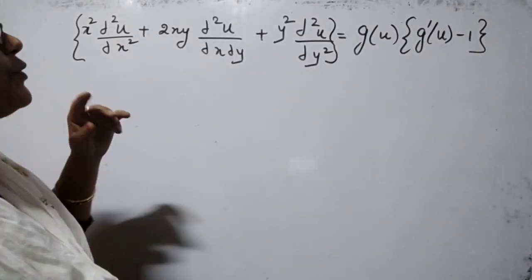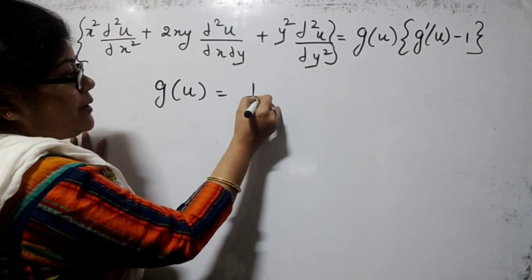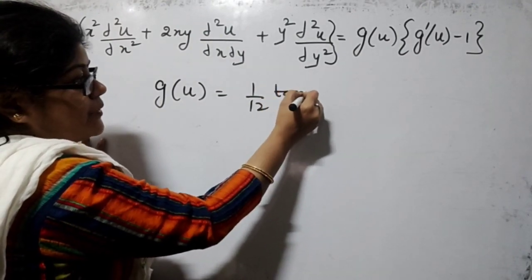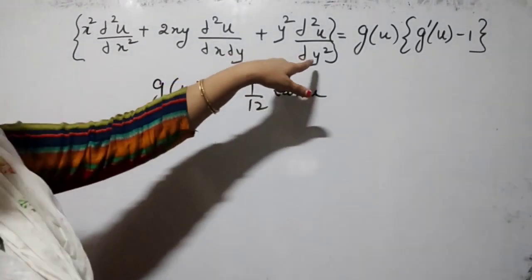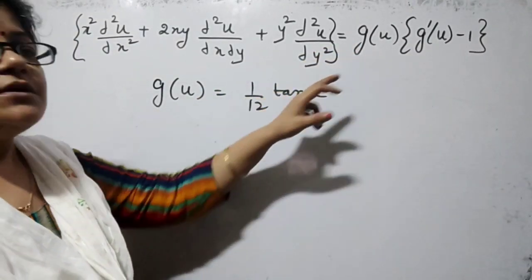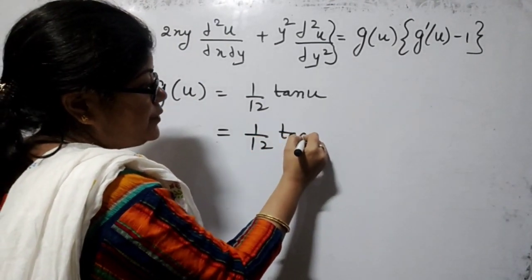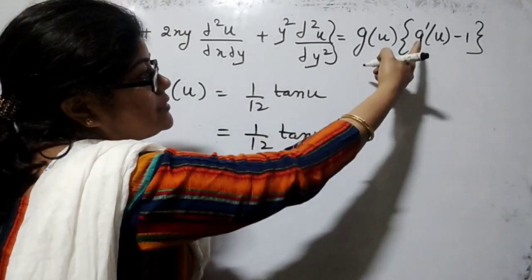That means in the earlier question, we found that the value of g(u) is equal to 1 upon 12 tan u. But if we have to find the value with the help of Euler's theorem, you have to just evaluate this. So putting it there, we get 1 upon 12 tan u, then g'(u).